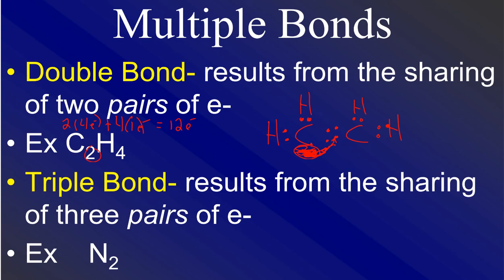This one has 8, this one has 8. What we have here is a double bond. Okay? These 4 electrons count 4 for this carbon, and they count 4 for this carbon. So each of the carbons have 8, each of the hydrogens have 2, and so they're all happy. So let's go ahead and rewrite it with our lines. It would look like this.